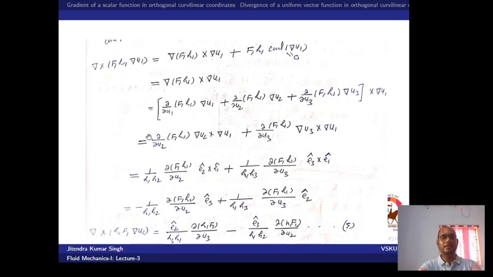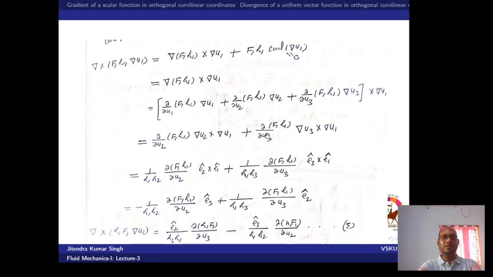Now what I have done is I multiplied by h1 h2 and divided by h1 h2, and h2 I have taken with grad u2 and h1 with grad u1. So h2 grad u2 is written as unit vector e2, and h1 grad u1 is written as unit vector e1. So the first term becomes 1 by h1 h2 dou by dou u2 of f1 h1 e2 cross e1.